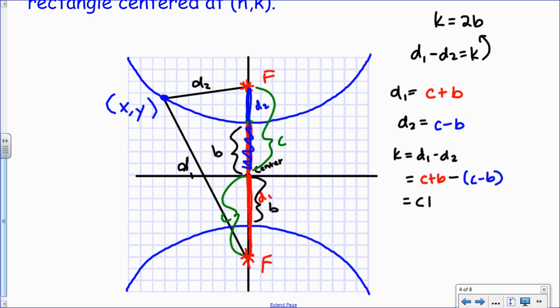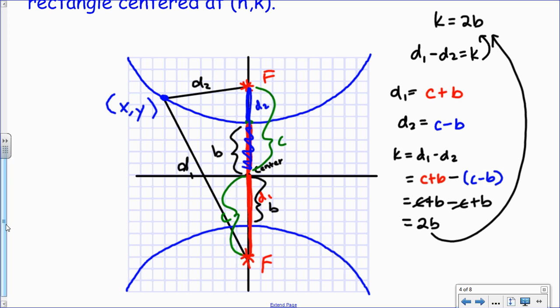So C plus B minus C plus B, if I distribute that negative and combine like terms, the C's cancel, and I get 2B. So that is why that is true. Again, you will not have to show me that. You don't even really have to understand it, but I wanted to show you in case some of you don't understand why that can happen.